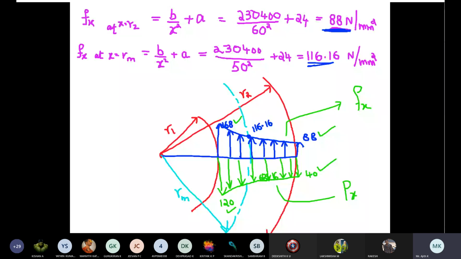So one thick cylinder, if you consider, say suppose due to some reason a crack is going to appear. The possibility of a crack is more at the inner surface compared to the outer surface, because stress at the inner surface will always be greater than at the outer surface.